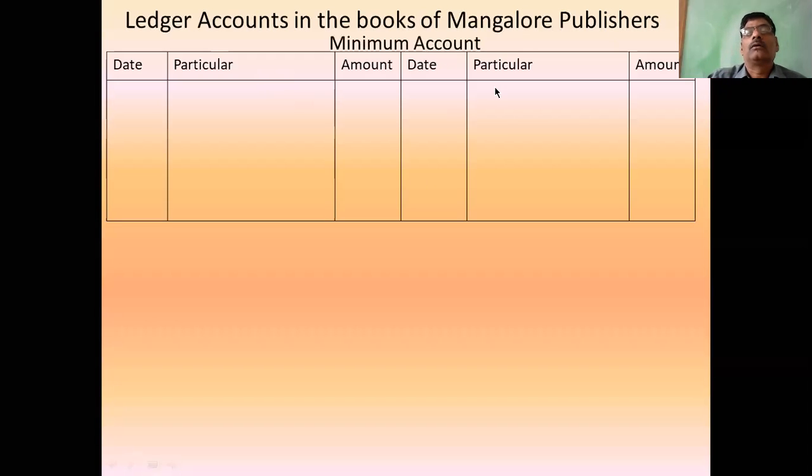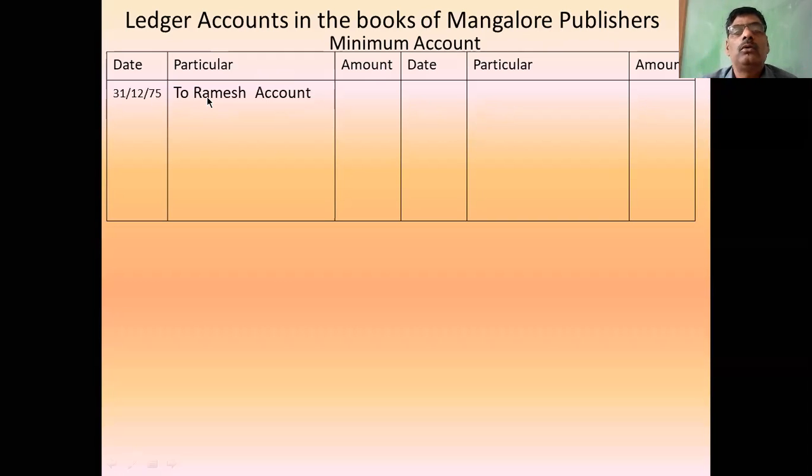Okay, they asked to prepare the accounts in the books of Mangalore publishers. Ledger accounts in the books of Mangalore publisher. Mangalore publisher is the publisher. They are the lessee. In the books of lessee, first account is minimum rent account. This minimum rent account is to be prepared for only 2 years because only 2 years there is a short working, that is 75 and 76.